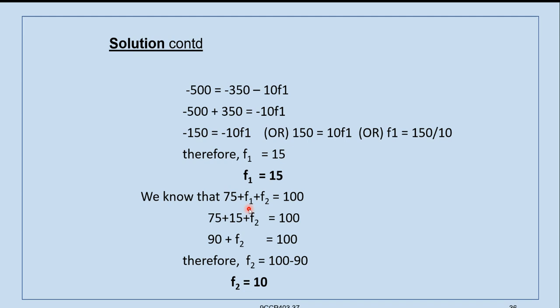Therefore, f2 is equal to 100 minus 90, that is f2 is equal to 10. So we got the values, f1 is equal to 15 and f2 is equal to 10. This is the solution.